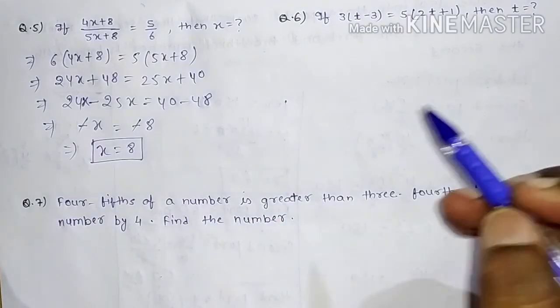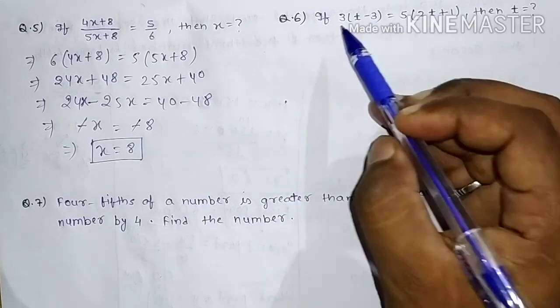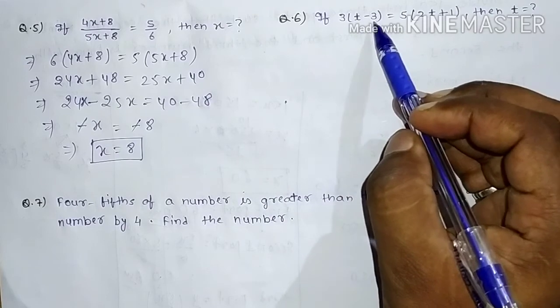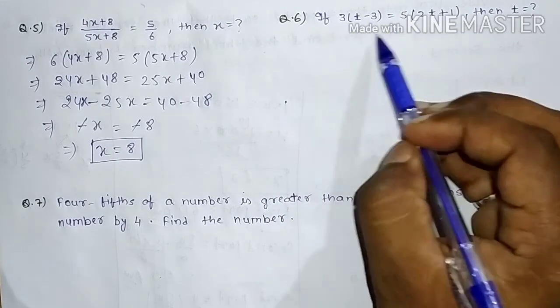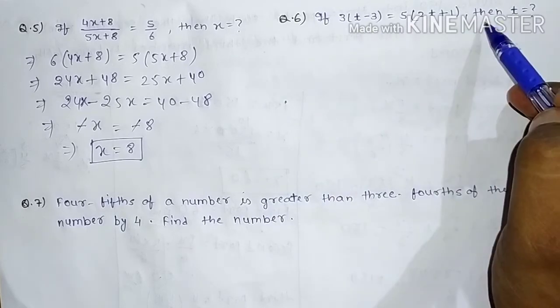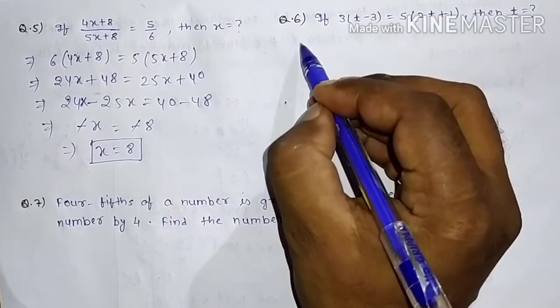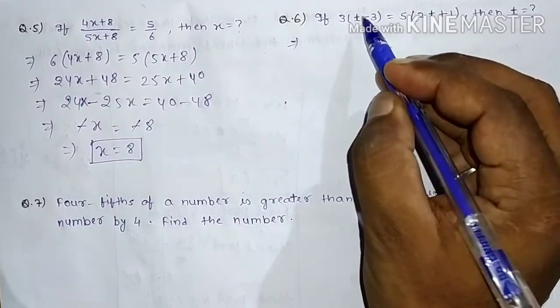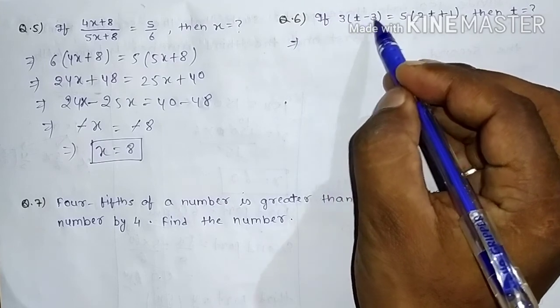Now the next question, that is question number 6. If 3(t minus 3) equals 5(2t plus 1), the equation is given here and we have to find the value of t. Now first of all, just simplify this equation. So 3 is multiplied into (t minus 3).